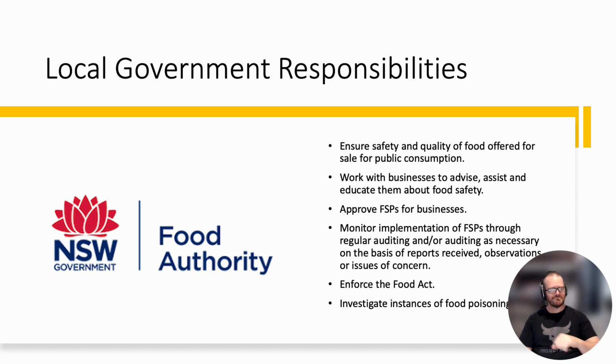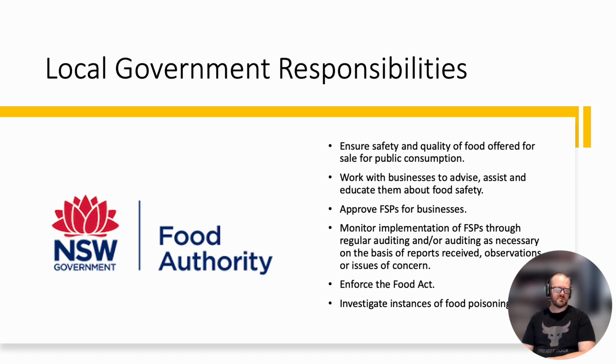Local government and indeed state government, the food authority, they have responsibilities for people, and what that's about is monitoring businesses, and fundamentally it's about ensuring that businesses are aware of their responsibilities. Okay.